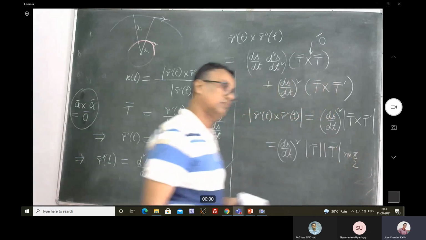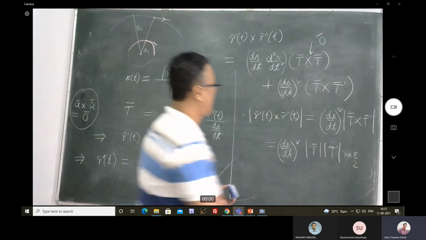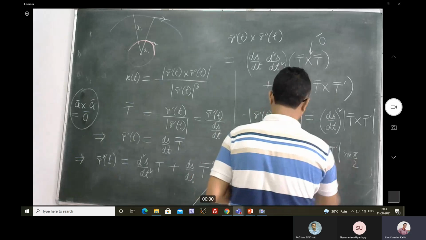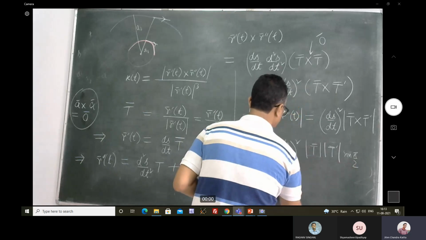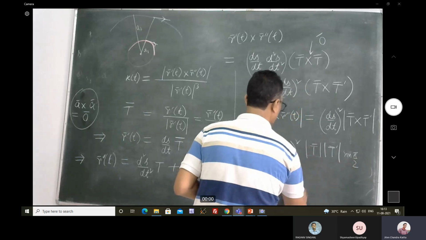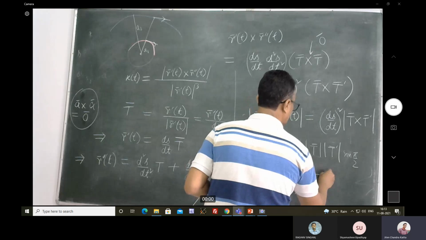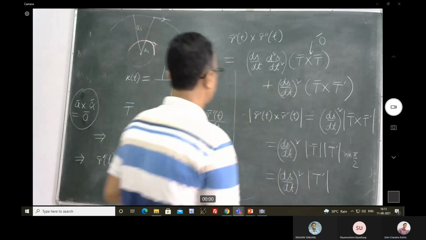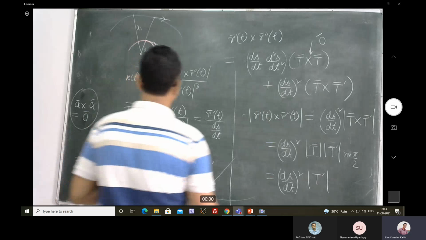Because they are orthogonal, and mod of T is 1, this is 1, so this is going to give me ds dt whole square times mod T prime. Okay, fine.